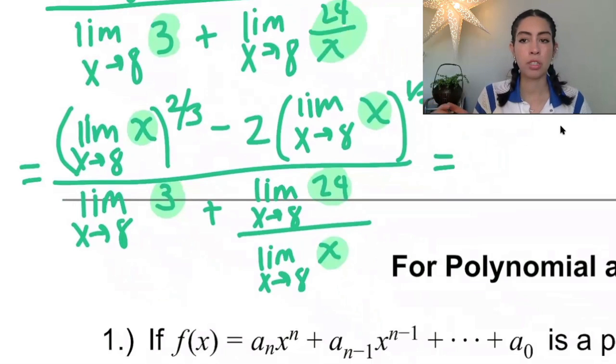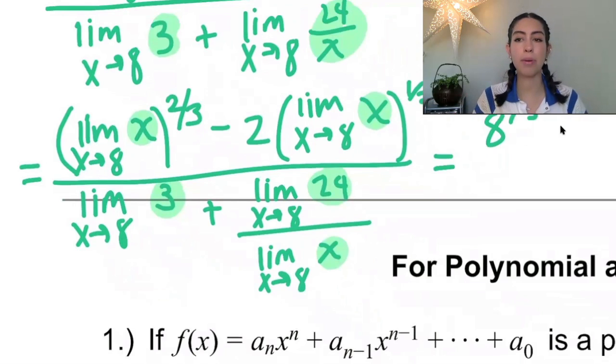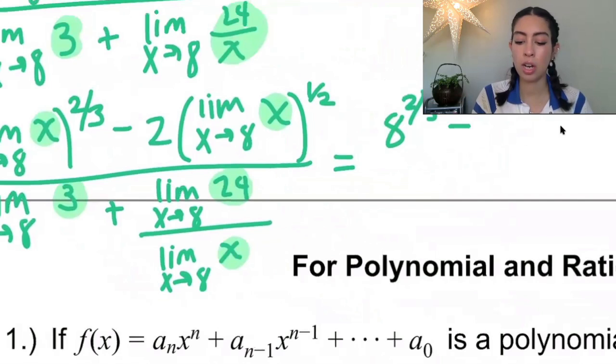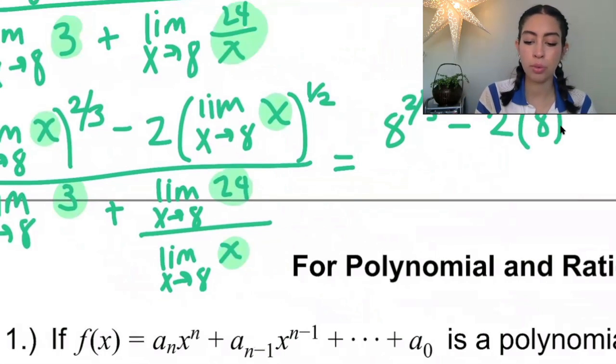So we just do direct substitution, that's going to be 8, and that's all raised to the 2/3 power. And then we have minus 2 times 8 to the 1/2 power, or if we want to, we could technically put in that root, make that the square root of 8.